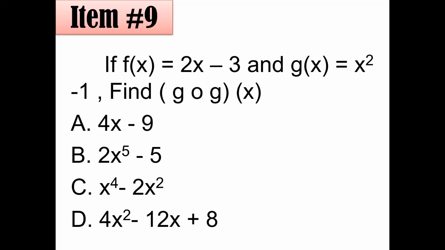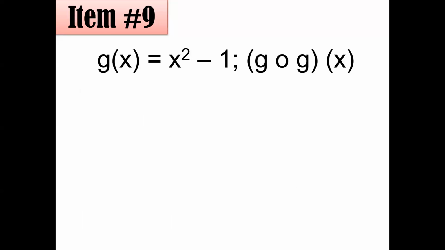Which of A, B, C, or D is our answer in number 9? Okay, letter C. What does g of g mean? It means the entire g of x function is substituted into the x of g of x. So we will not use f of x here, although it is given, because g of x is what is given.